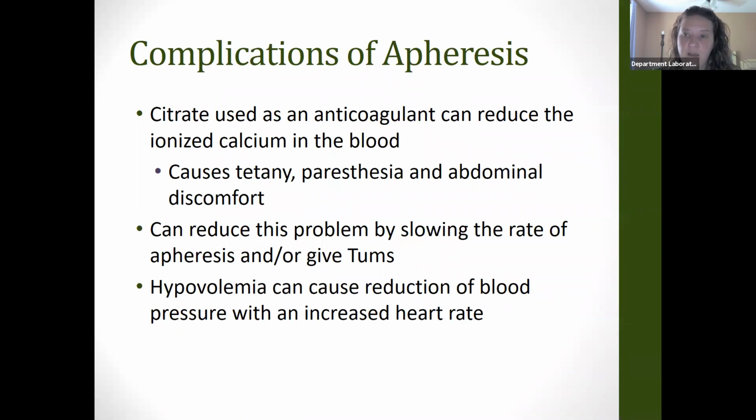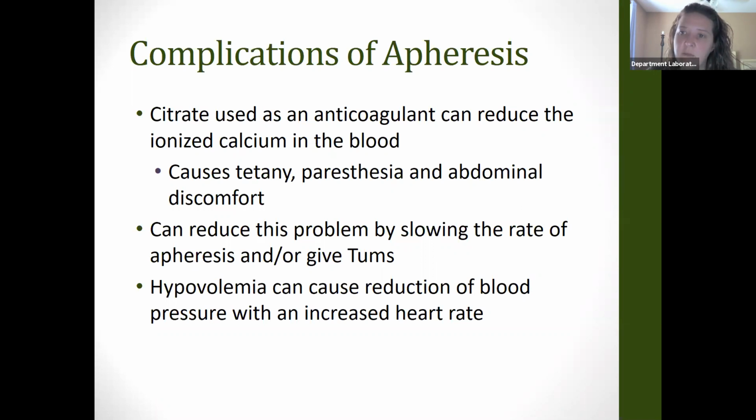One symptom of the decreased calcium is tingling of the lips. And then the patient might complain of abdominal discomfort. So the main thing that they will do is a donor collection facility or the apheresis clinic will give oral Tums to replace the calcium that is being chelated by the citrate.